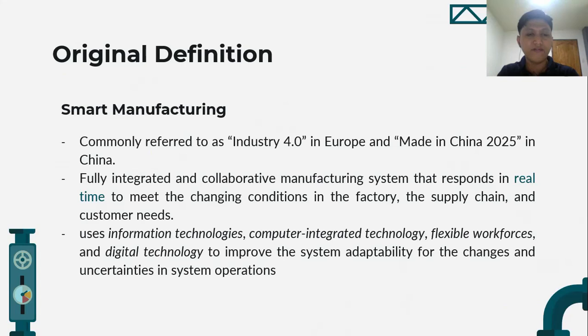Also, it uses information technologies, computer integrated technology or CIT, flexible workforces, and lastly the digital technology to improve the system adaptability for the changes and uncertainties in system operations.